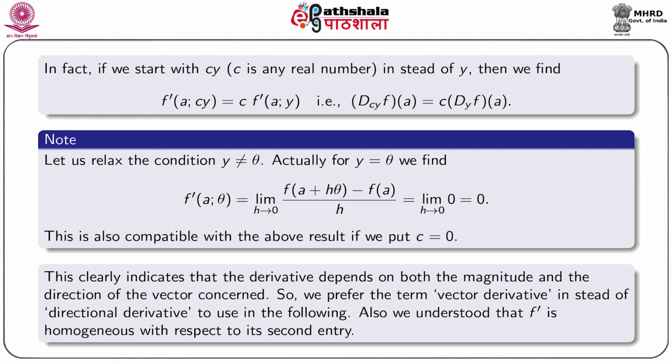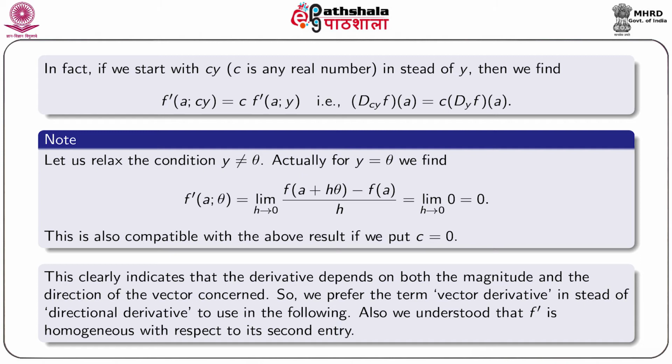Whenever we started the definition of directional derivative, we took y as non-zero. Now, let us relax the condition y non-zero. If we put y equal to the 0 vector, then we find f dash (a, theta) equals 0, and this is also compatible with the above result if we put c equal to 0. This clearly indicates that the derivative f dash (a, y) depends on both the magnitude and the direction of the vector concerned, that is y.